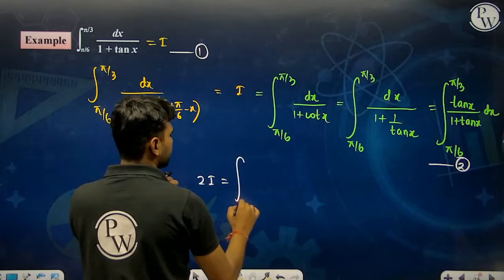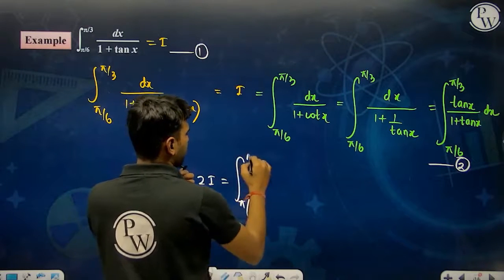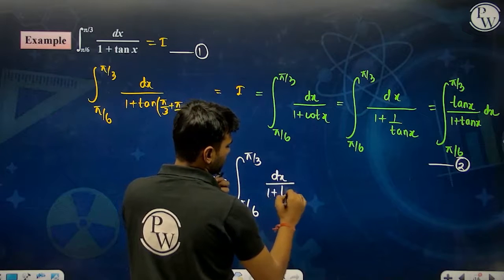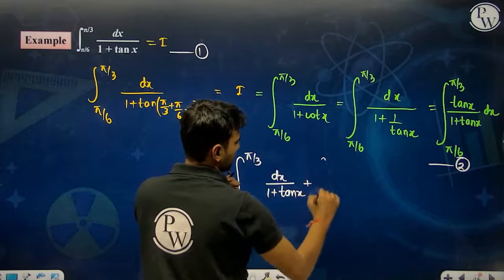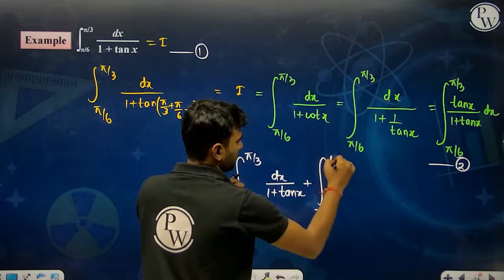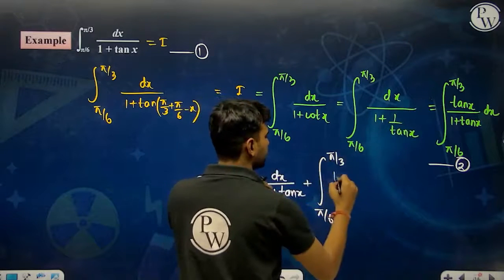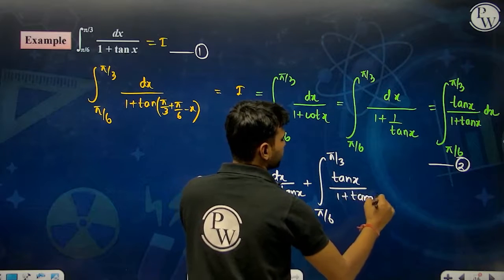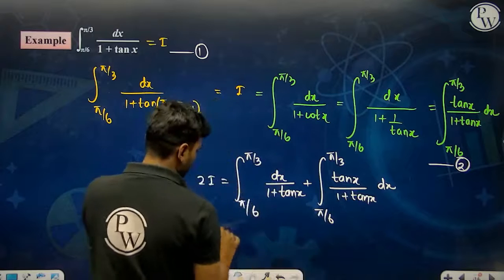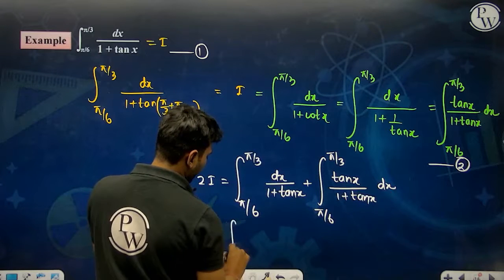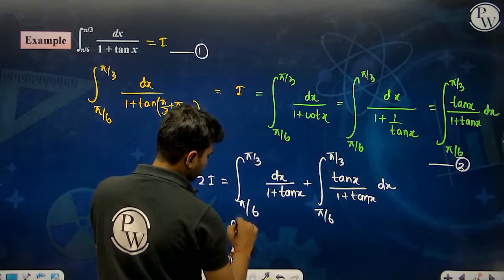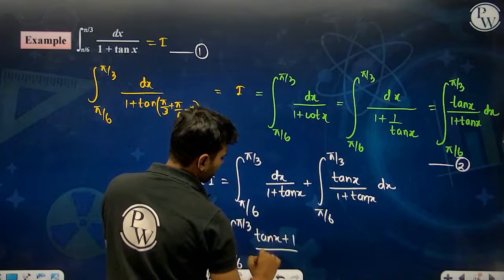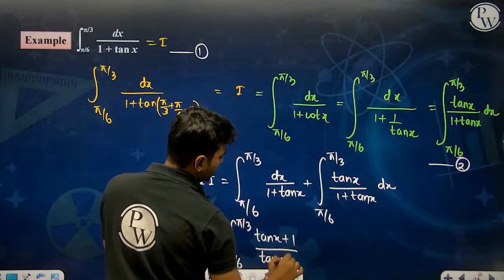And on the right hand side, it is going to be something like this. Since the limits are the same, the two terms can be clubbed, and you are going to have something like this: tan x plus 1 upon tan x plus 1, so it will be cancelled.